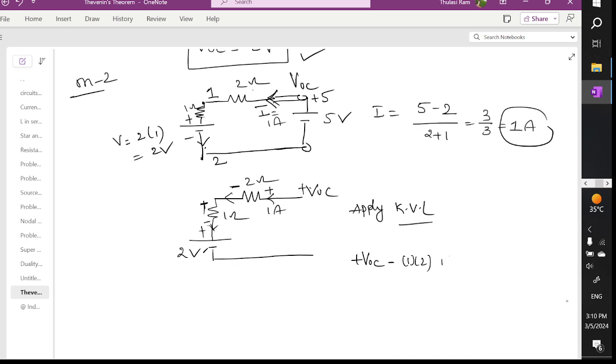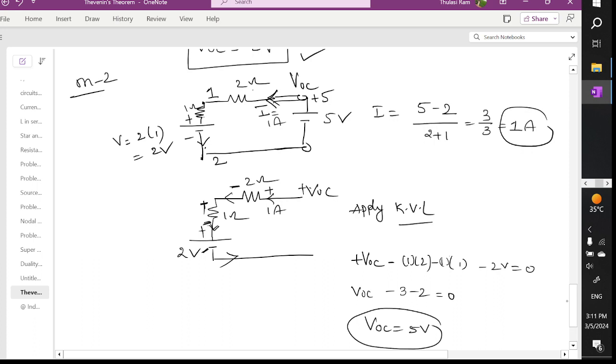What is the leaving terminal? Minus, multiplied with 1 ohm, and the current is once again leaving here. What is the leaving voltage? Minus 2 volts is equal to 0. So VOC minus 3 minus 2 is equal to 0. Therefore VOC is equal to 5 volts.